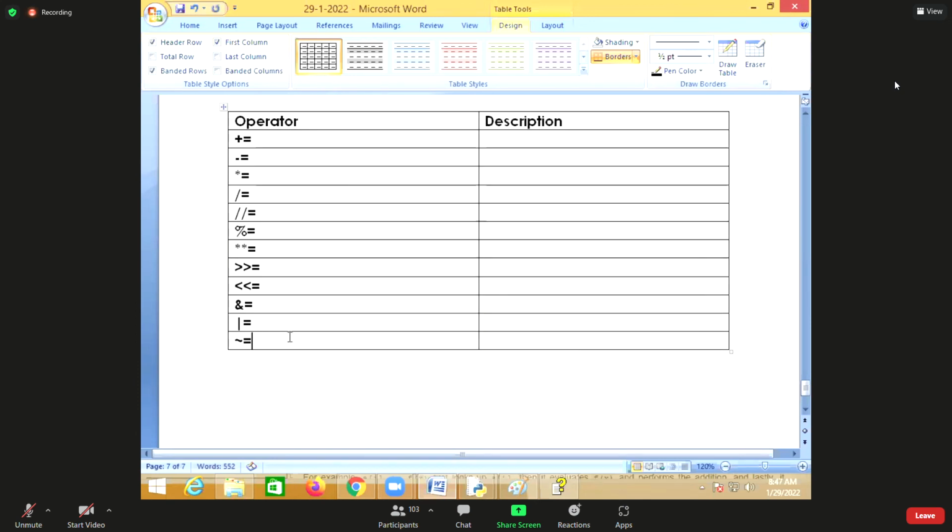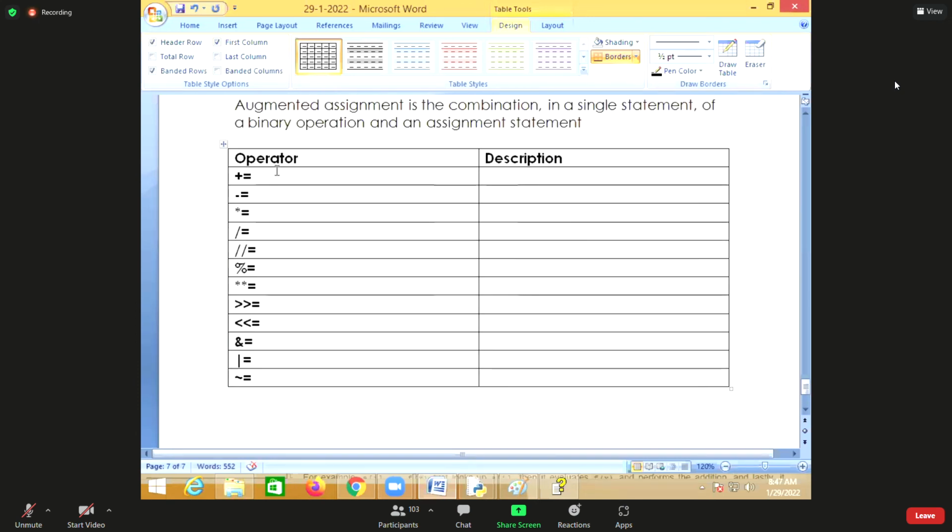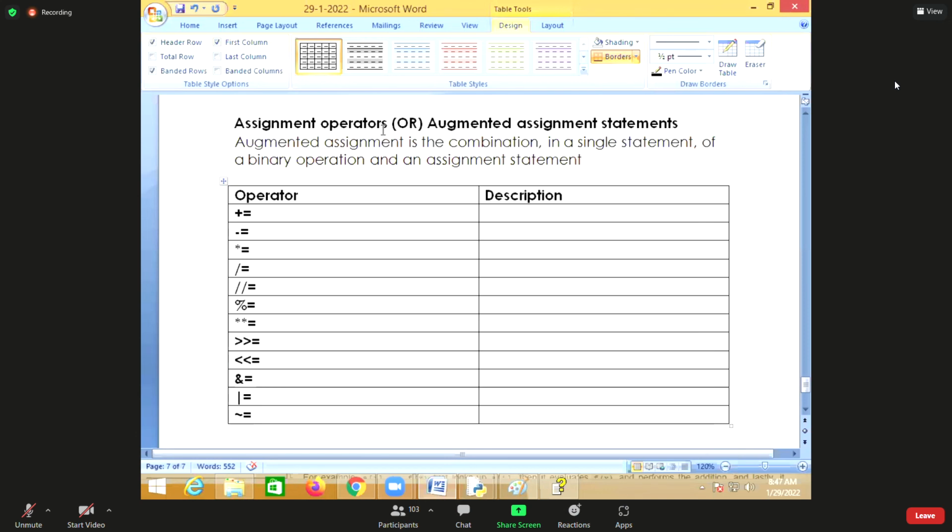Now you can see these are augmented assignment operators or assignment statements. So in this operator, you're doing how many operations? Two operations. One is binary operation and one more is what? Assignment. So plus and equal, minus and equal, star and equal. Okay, you are multiplying it.